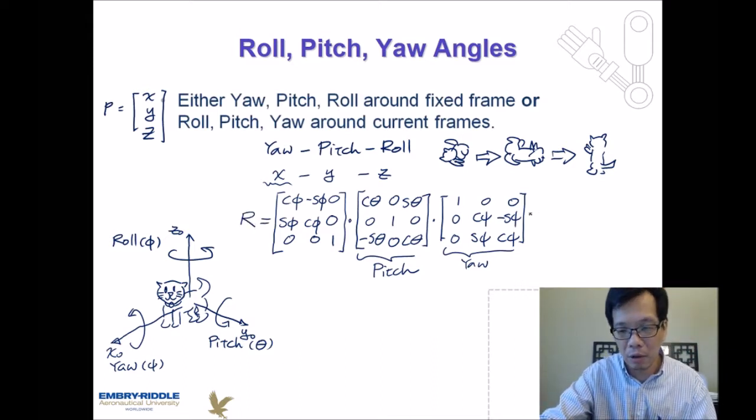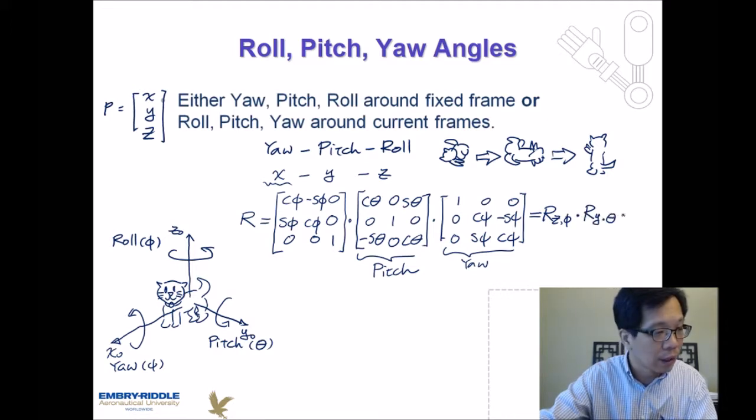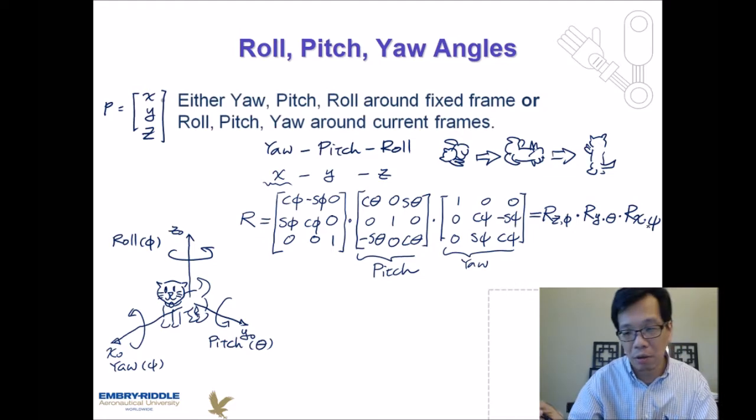And this is going to be my transformation matrix. Or if you want, this one is going to be R_z with phi, dot R_y with angle theta, and dot R_x with psi. So this is the transformation matrix that we're going to use.